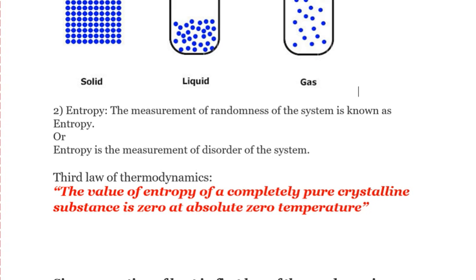So, the third law of thermodynamics states that the value of your entropy of a purely crystalline nga substance is zero at absolute zero temperature. Anong bot silingon? This means that we have pure nga crystalline solid nga substance. Ang kagang aton nga temperature is absolute zero, bot silingon wala sang entropy, wala sang changes, wala sang change in randomness. Kung wala man, kung absolute zero ang imo nga temperature.